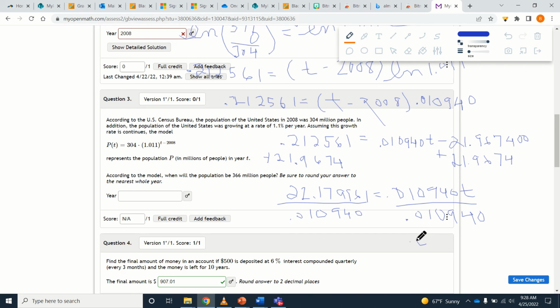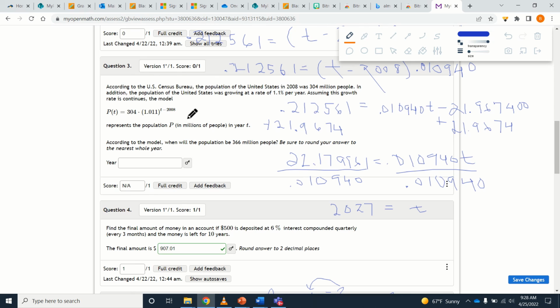So we'll get t equals 2027.418. I'm going to round it to the nearest year, so that will be 2027.